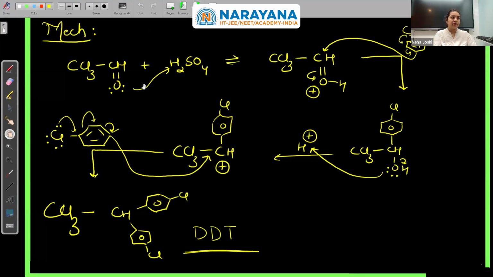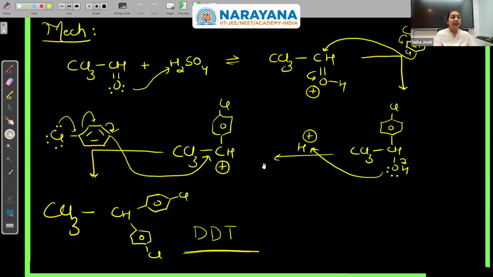In the presence of H2SO4, protonation of chloral takes place, and then the para position is attacked by chlorobenzene. This medium is acidic as H2SO4 is used. So you remove water after protonation of this OH, giving a carbocation.